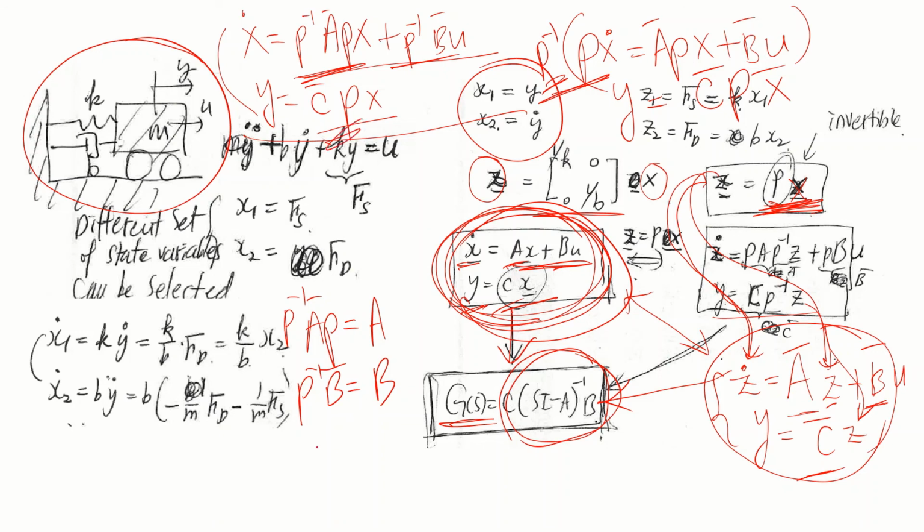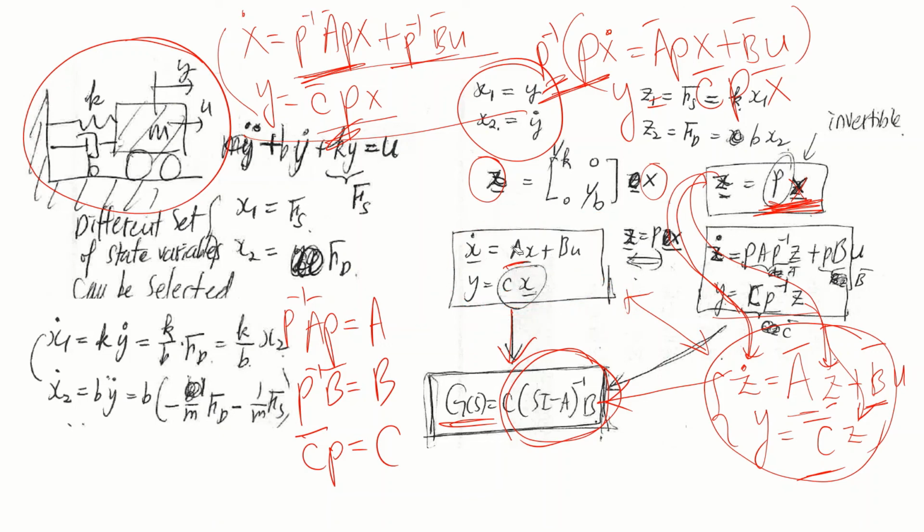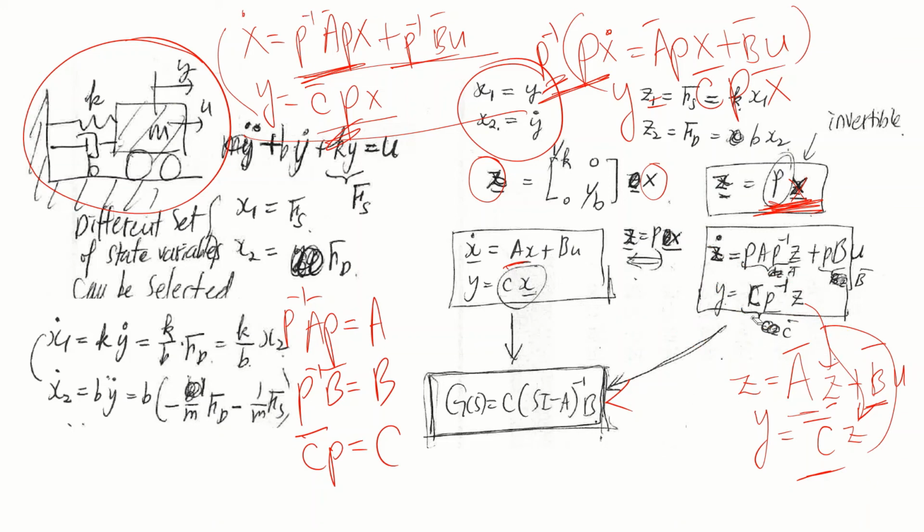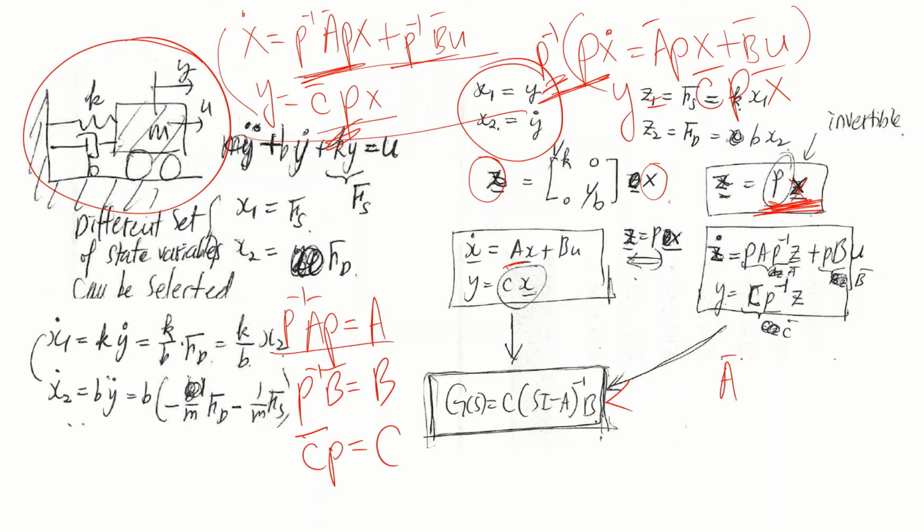And here, C bar P equals C. Then what you can say is now A bar is P A P inverse.